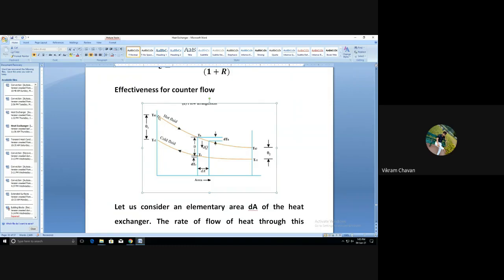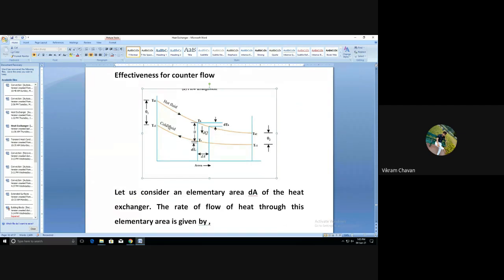Where the hot fluid enters the heat exchanger, on that side the cold fluid will exit, whereas on the other side the hot fluid exit is there and the cold fluid entry is there. That is the counter flow heat exchanger.